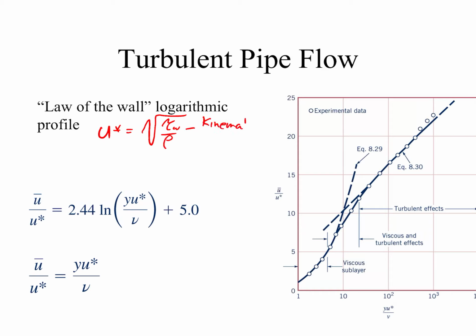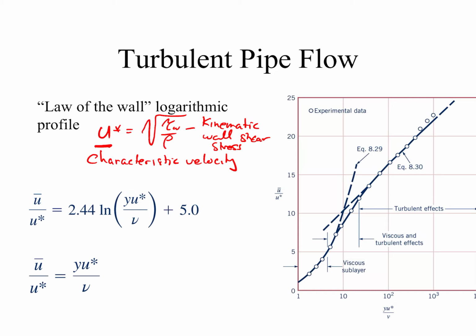Kinematic wall shear stress. Because it's a shear stress, but we divide it by the density, meaning that the units of U star are just velocity. There's no density in it. So this is the characteristic velocity for our flow at the wall.